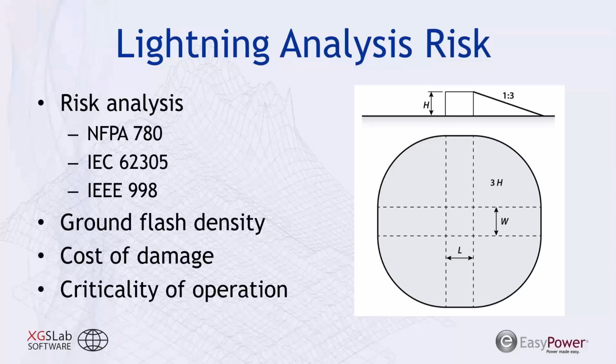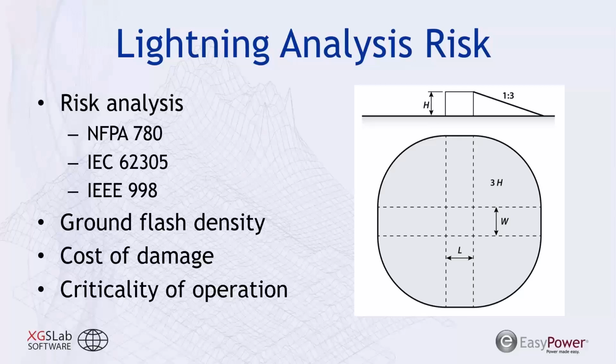And to go into this with a little more detail, when we refer to a lightning analysis, typically this can be something that's calculated based off guidance from NFPA 780, the IEC 62305, IEEE 998 has guidance as well, but fundamentally they are following the same types of methodology or concepts.